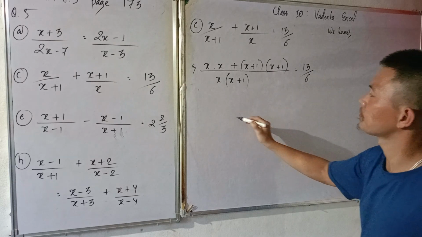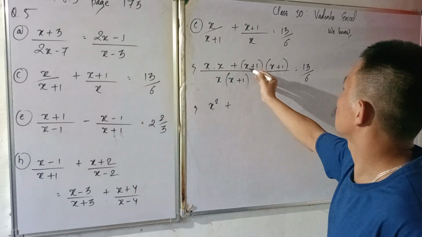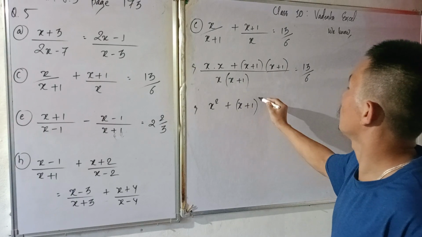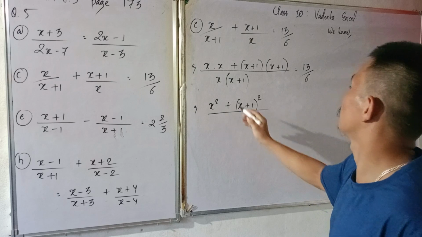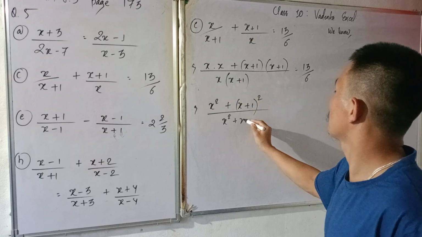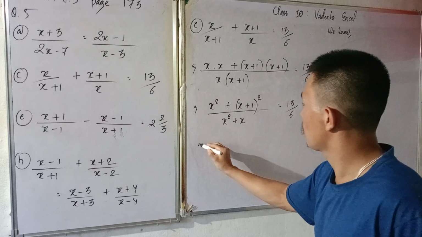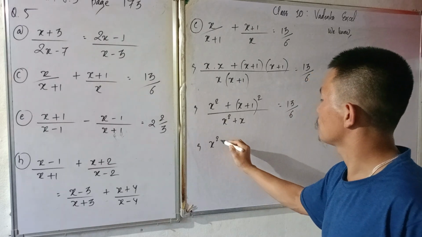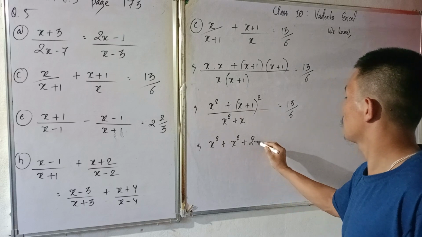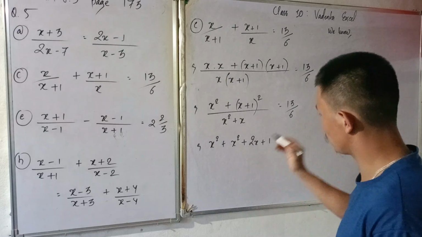13 by 6. Now this becomes x squared, and this one becomes x plus 1 whole square divided by, just multiply this, x squared plus x equals 13 by 6. Now this becomes x squared plus 2x plus 1.